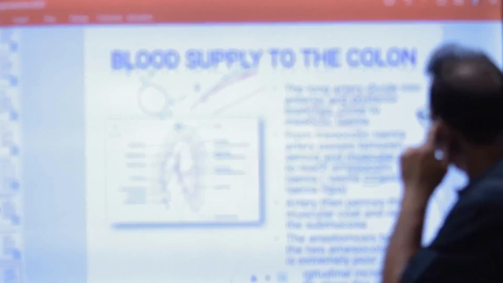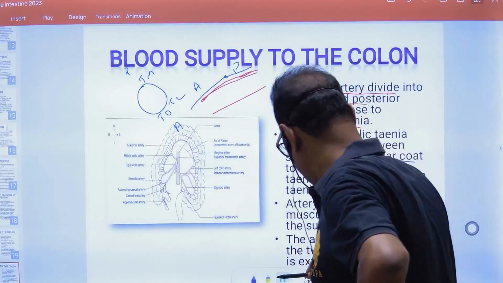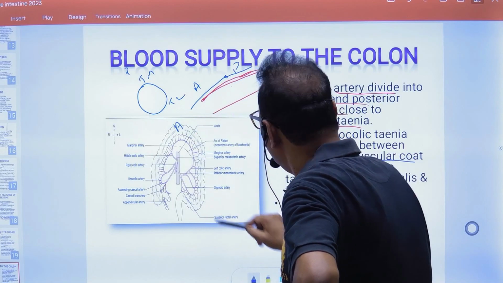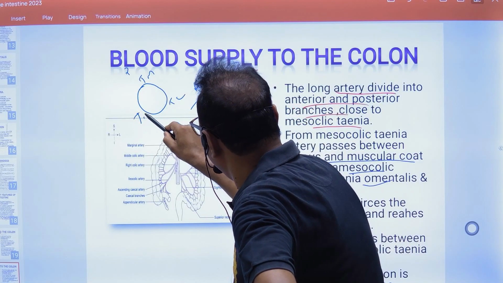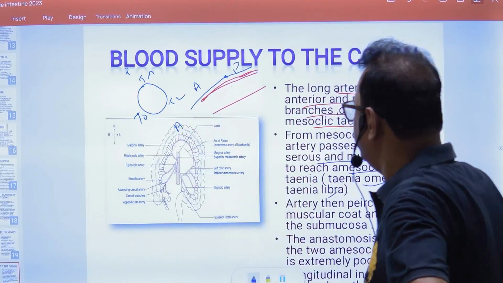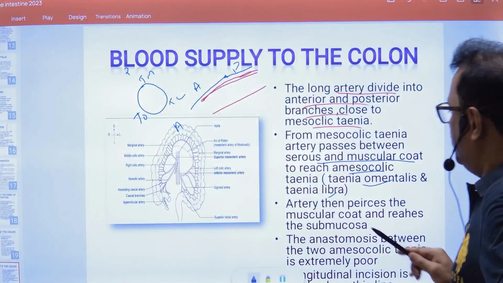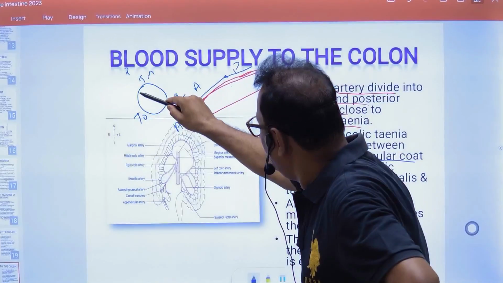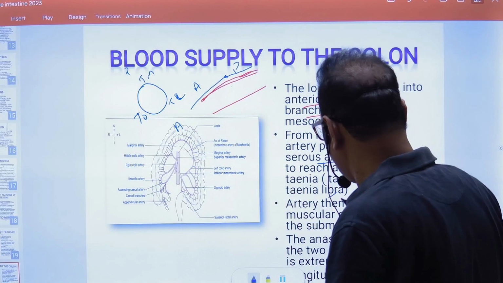They are the three bands. This is the transverse section of the colon.